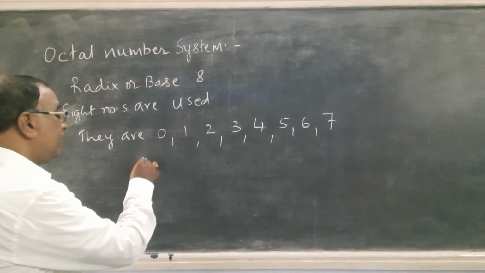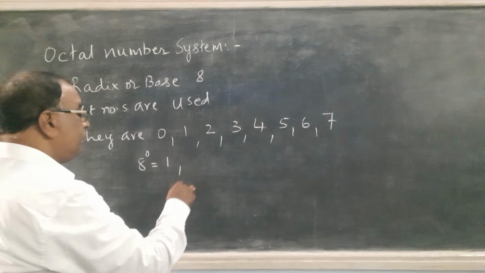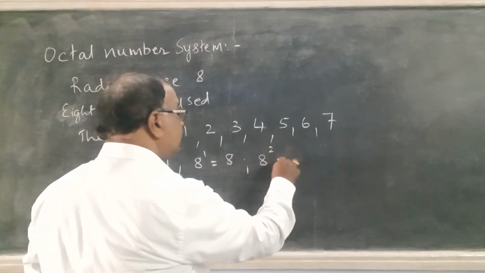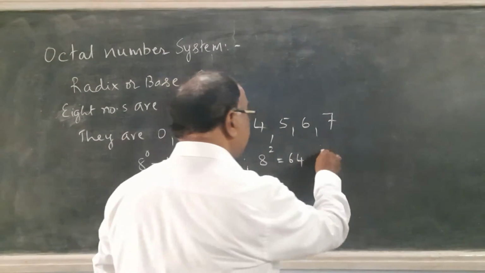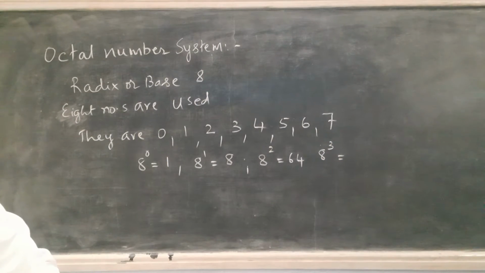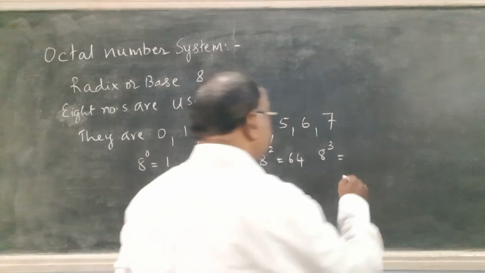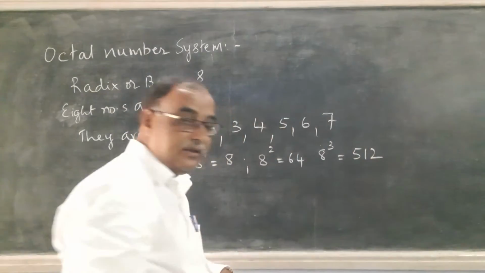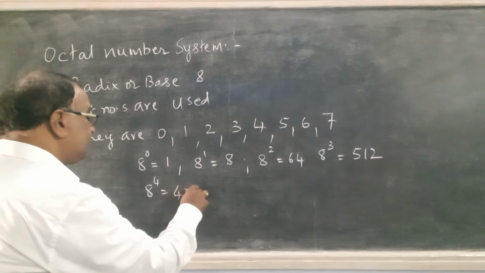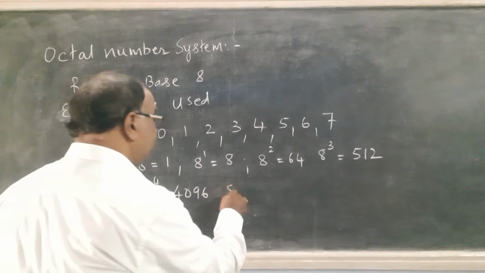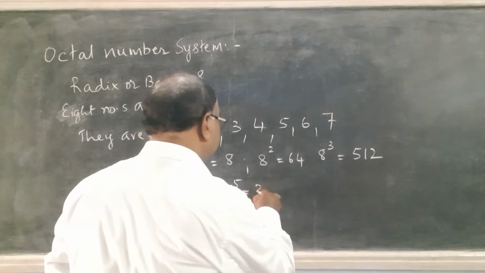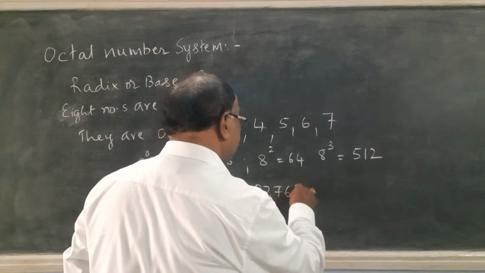8 to the power 0 is 1, 8 to the power 1 is 8, 8 to the power 2 is 64, 8 to the power 3 is 512, 8 to the power 4 is 4096, 8 to the power 5 is 32768 and so on.